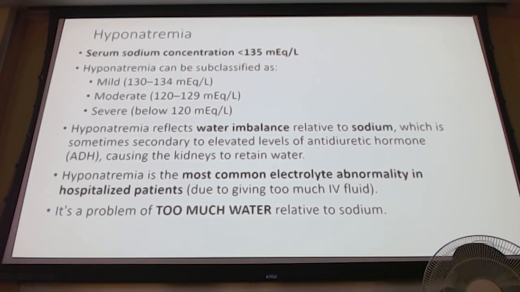So let's talk about low sodium, hyponatremia. This is a sodium concentration in the serum less than 135. If they're 134, 133, it's really not that bad. Once we get into the 120s or below, or even 130 and below, it really starts to reflect a water imbalance relative to the sodium.